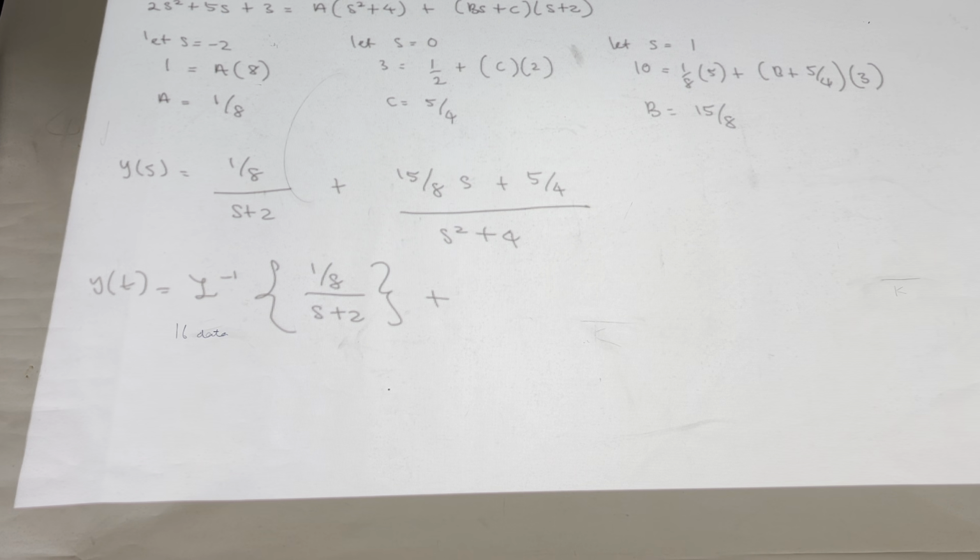So I skip, I already prepared it. 15/8 s. Here we can prepare it already. So s squared plus 4 into 2 fractions. So 5/4 over s squared plus 4. This one you can separate into these two things.